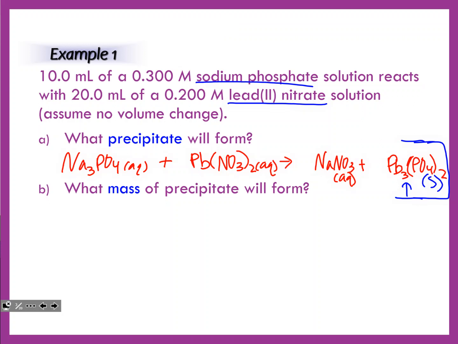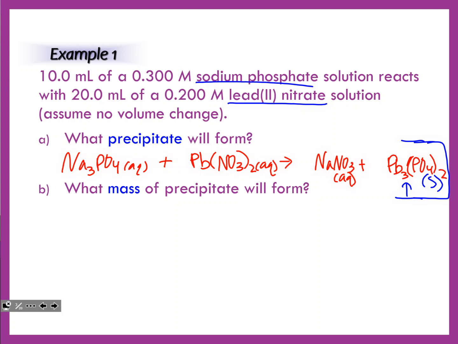Now, what mass of precipitate will form? Before I can start approaching this, what do I need to do? Before I can do limiting and excess, I need to do what first? Balance. It's not balanced, so we definitely need to do that.